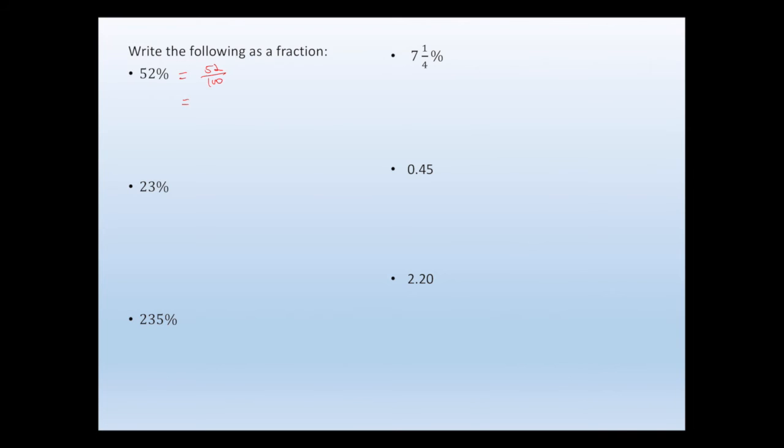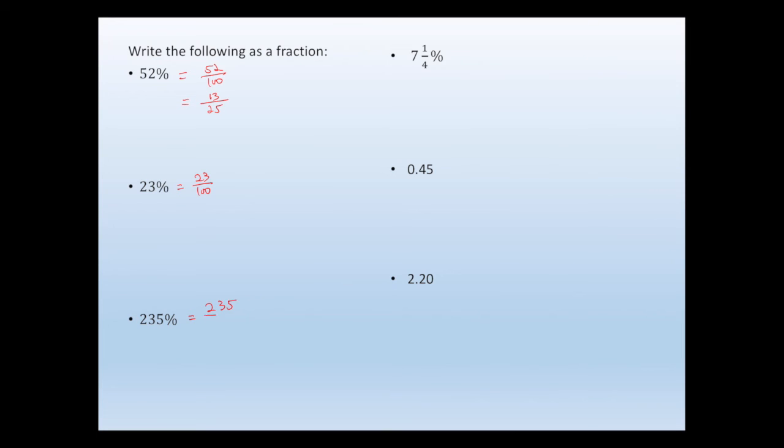Actually, they can be divided by 4. So 52 divided by 4 is 13. 100 divided by 4 is 25. So it's 13 over 25. What about 23%? It's 23 over 100. Can we simplify it further? No, you can't. We just leave it as 23 over 100.